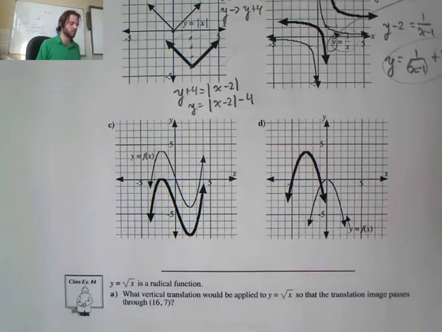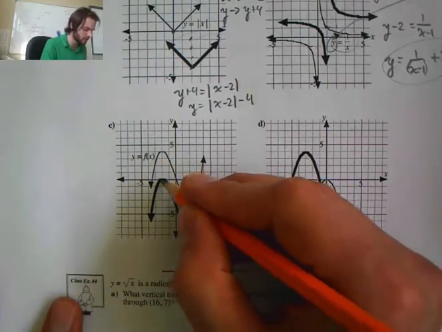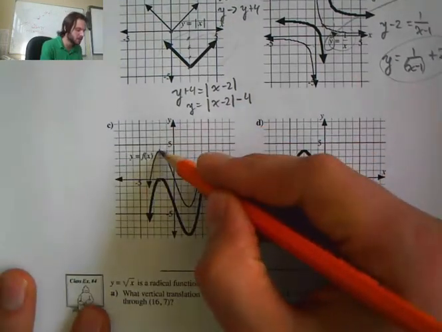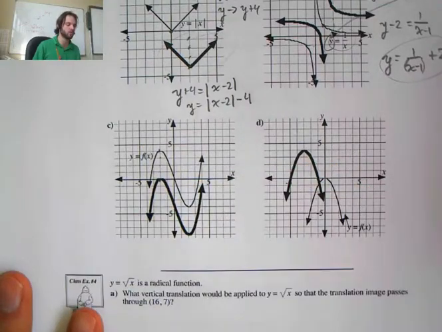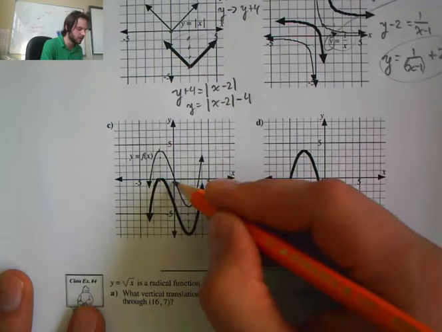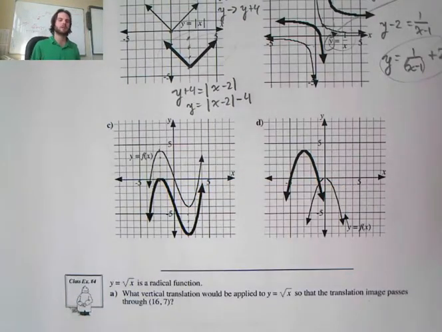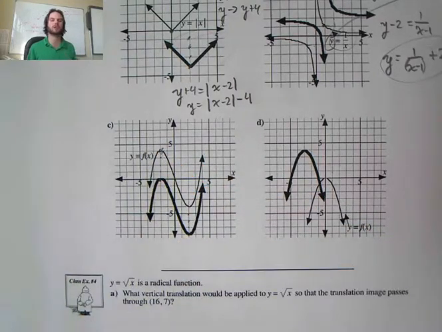So let's try and find one point and see what happens. Well, here's my vertex. I look at that. Looks like we're just shifted down 1, 2, 3, 4 units. Here, 1, 2, 3, 4. Here, 1, 2, 3, 4. I have a max, here's a min. So they're all shifted down 4 units.